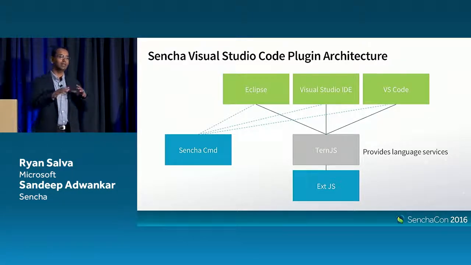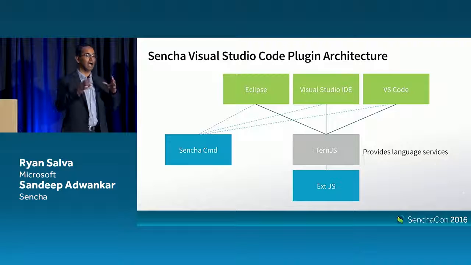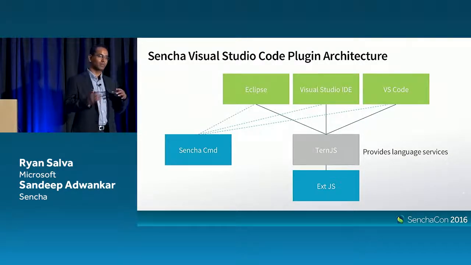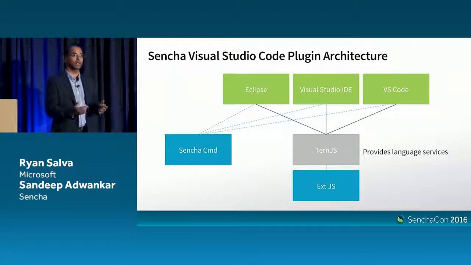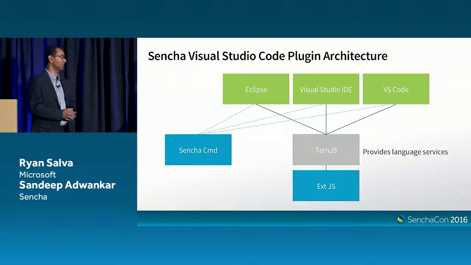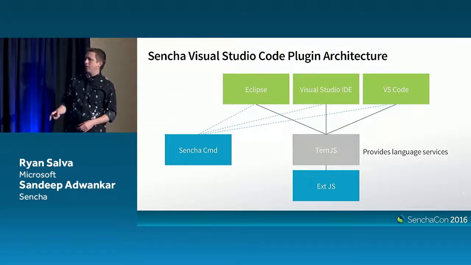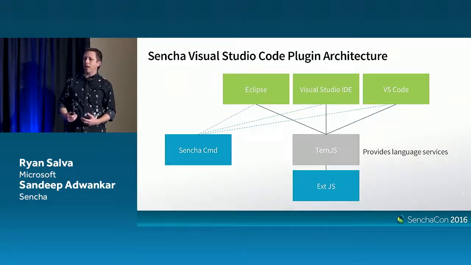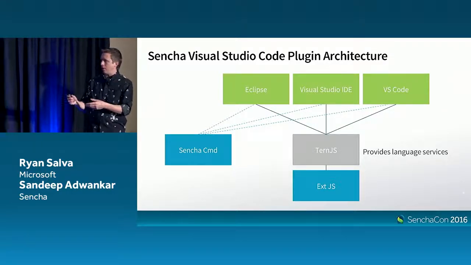So it basically looks at your application and your framework, and constructs a definition that the plugin uses to provide the IntelliSense and code completion. Yeah. So what I hear you saying is, when I'm using the Visual Studio Code plugin, I've got the same shared services that are provided in my WebStorm plugin, my Eclipse plugin, my Visual Studio one.